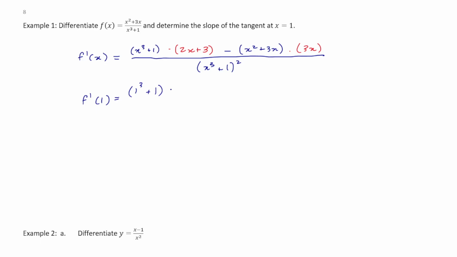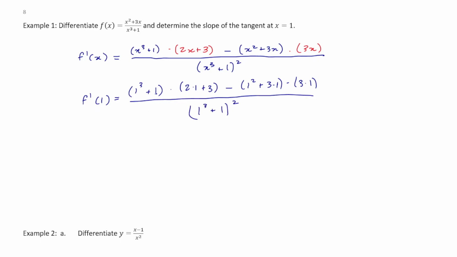So 1 cubed plus 1 times 2 times 1 plus 3 minus 1 squared plus 3 times 1 times 3 times 1 all over 1 cubed plus 1 all squared, and I get f prime at 1 is equal to negative 1/2. And that means that is the slope of the tangent at x is equal to 1.